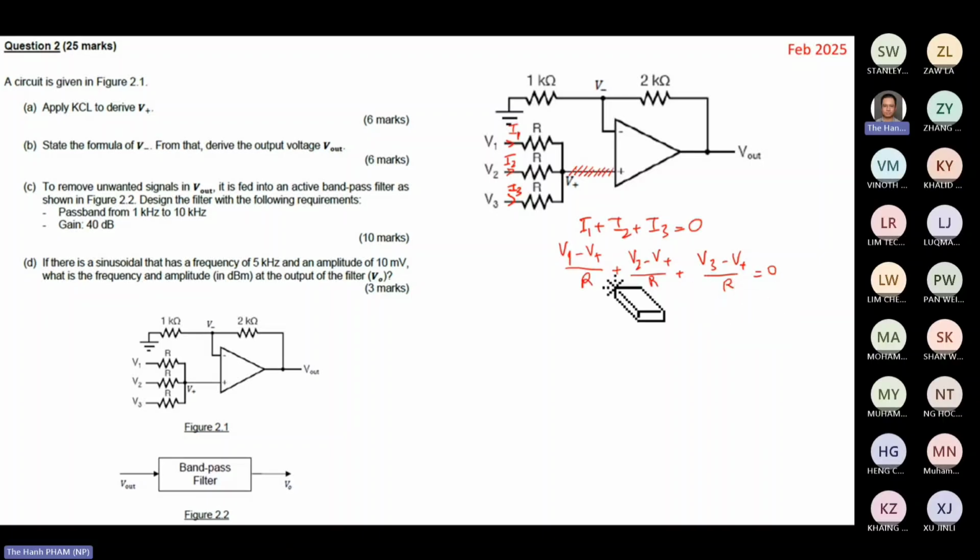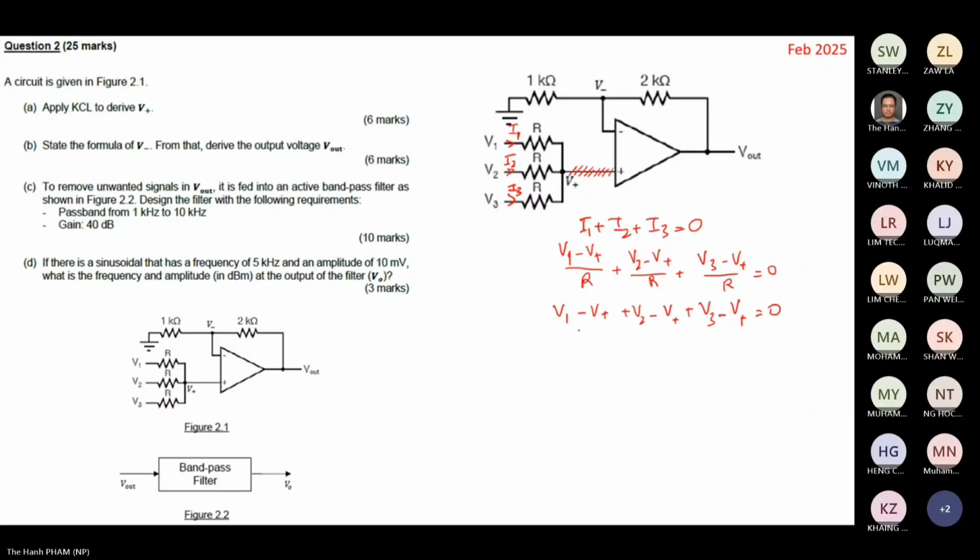So you can forget about this, or you can think of it as multiplying this one with R, this one with R, and the right-hand side is still 0, right? And on the left-hand side, I can cancel all the R. So that is one way to look at it. So at the end, what you have is V1 minus V plus, V2 minus V plus, V3 minus V plus, equal to 0.